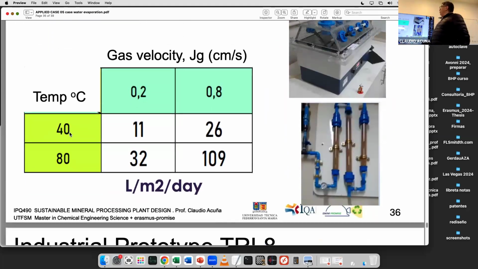So what we achieve with this, the gas velocity and the temperature: experimentally, imagine 100 liters per square meter per day. That increases the evaporation rate 10 times, and we also recover the water.